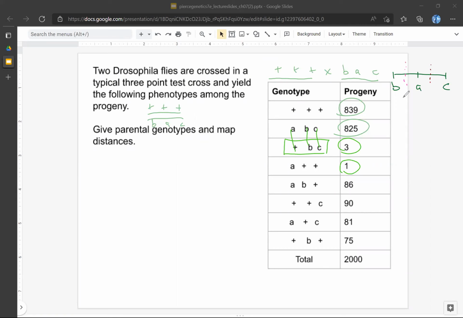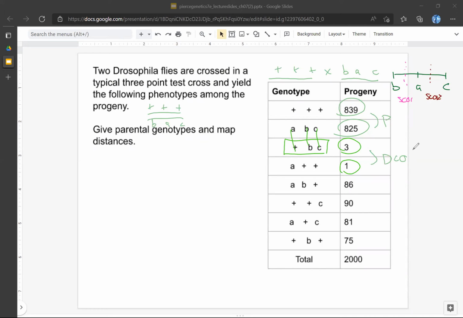And so this is going to be our single crossover 1. This one, our single crossover 2. And now that we know who is the non-recombinant, the parental, who are the double crossovers, actually, I should not be using the single crossover 2 color. I should be using a distinct color. We have been using this nice pale green for the double crossover.